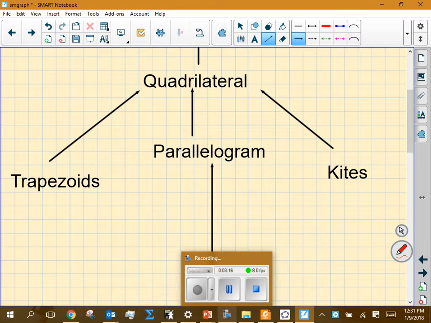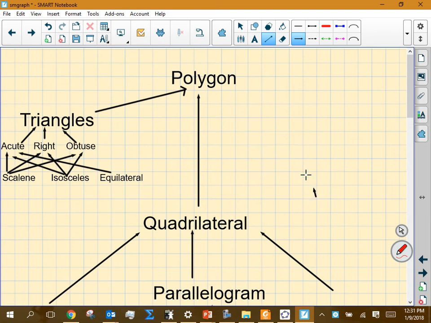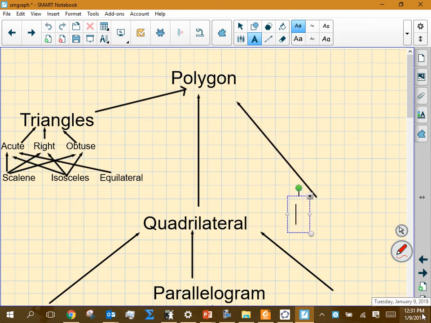Okay? So we're investigating this quadrilateral collection of figures. Does that make sense to everyone? Okay. Then what we can do is say, okay, we've dealt with triangles. We've dealt with quadrilaterals. What's the next type of figure?